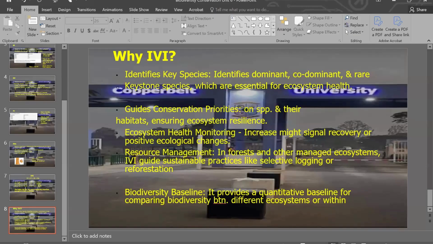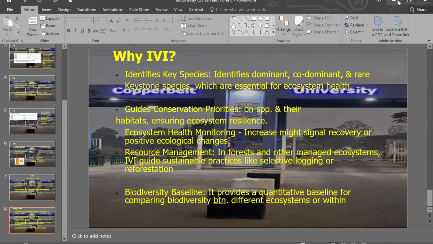And this is where we end our class. I need 2 more classes to be comfortable that you are ready for the exam. So we've covered the important value index. We have to quickly go into what is known as the Shannon Diversity Index. We use another index to measure how rich biodiversity is in an ecosystem.